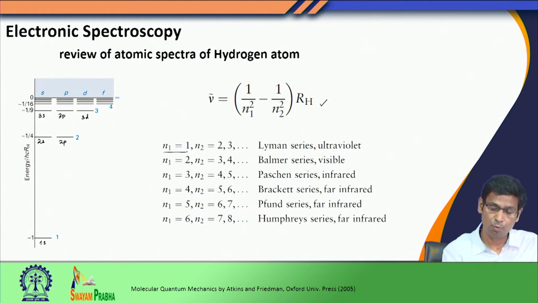When N1 is 1 and N2 equals 2 or 3 or higher values, we call these lines the Lyman series. So, if you consider an emission spectrum, you go from 2 to 1, 3 to 1, 4 to 1. In this case all these transitions occur in the ultraviolet.